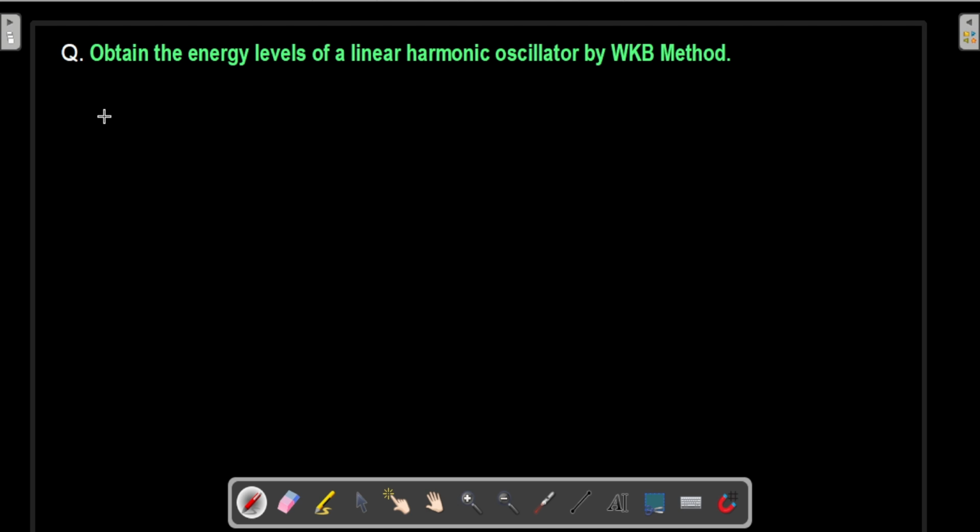As we have learned the WKB method, here we know that the linear harmonic oscillator has a bound potential. It is a bound potential well.